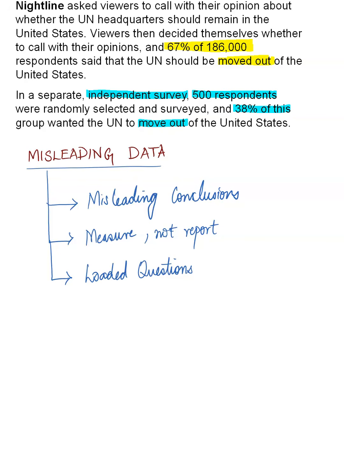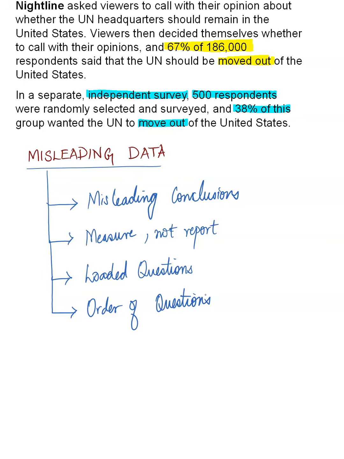However, when we ask questions, sometimes we can have loaded questions. And so if the survey questions are not worded carefully, the results of a study can be misleading. Then we have the order of questions. These seem very innocent, but sometimes they can be unintentionally loaded.